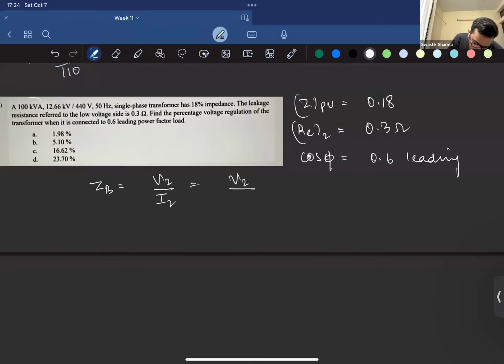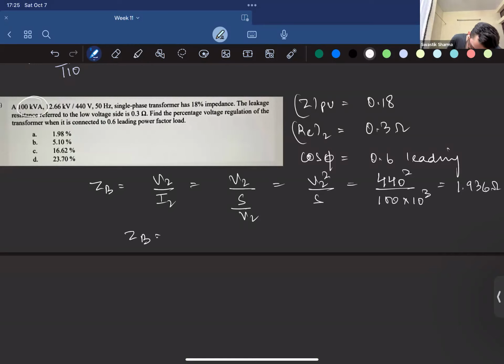V2, and since we are given 100 kilovolt-ampere S, we can write V2 upon S, which is nothing but V2 squared upon S, which comes out to be 440 squared upon 100 into 10 raised to power 3, the value of which is 1.936 ohms. So Z base is given by 1.936 ohms, right?